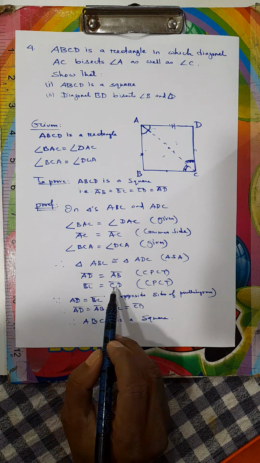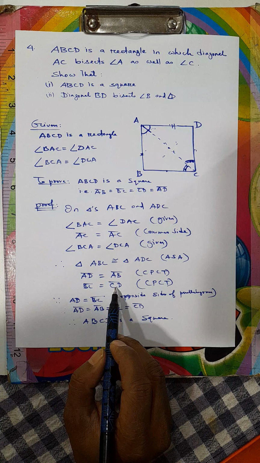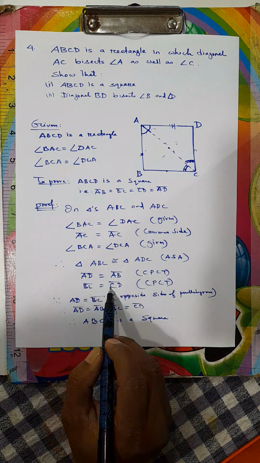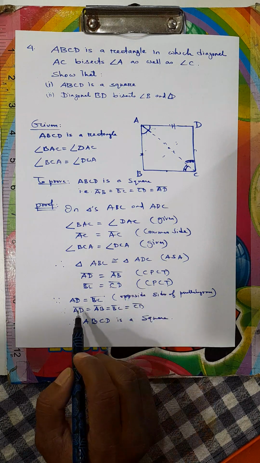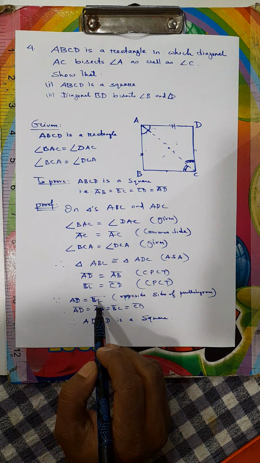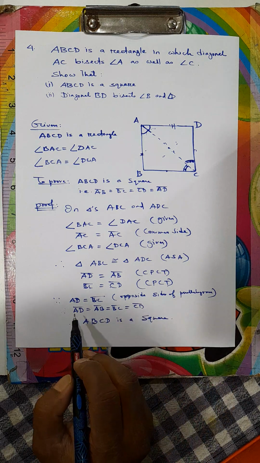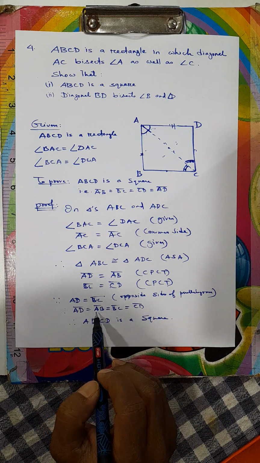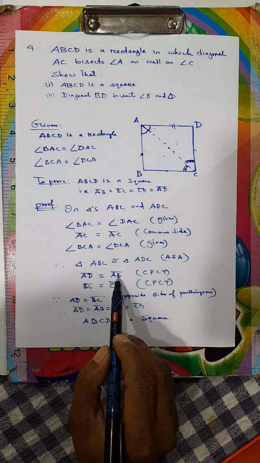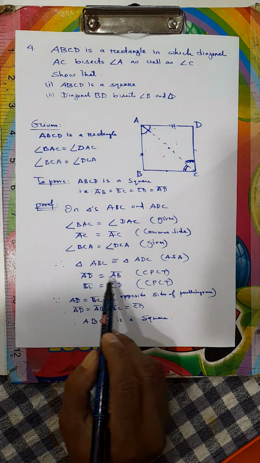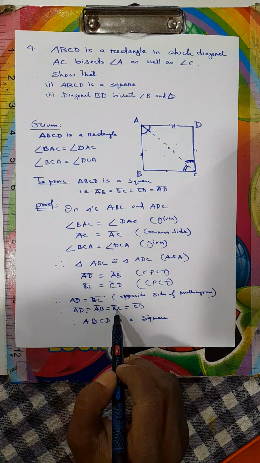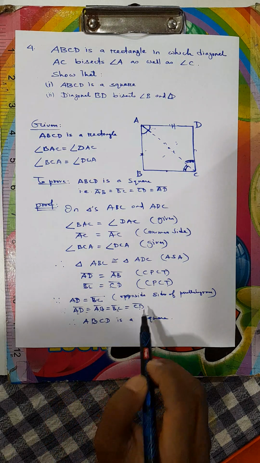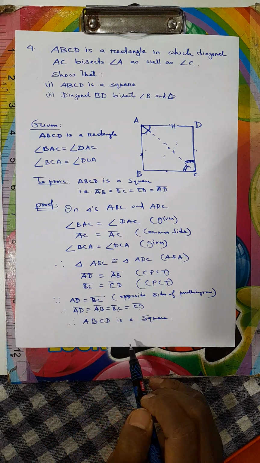So AD equal to AB equal to BC, and BC equal to CD, that means all sides are equal, that is ABCD is a square.